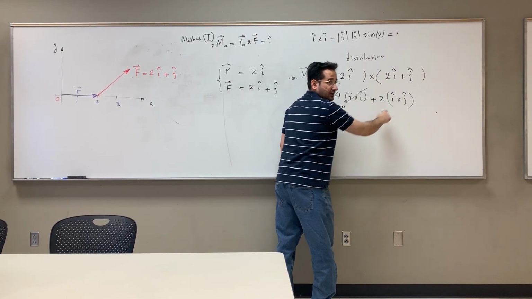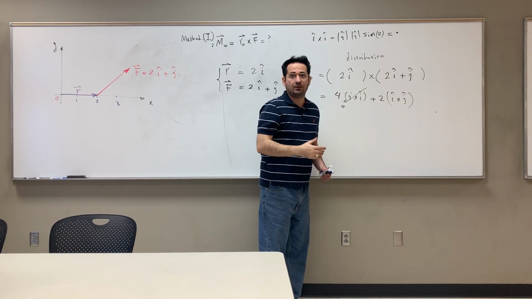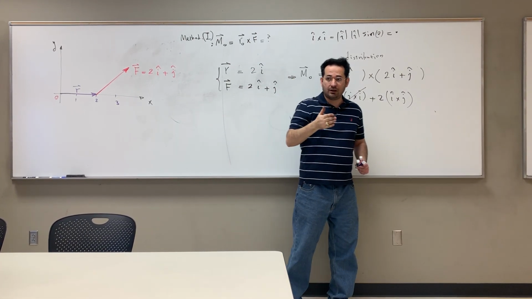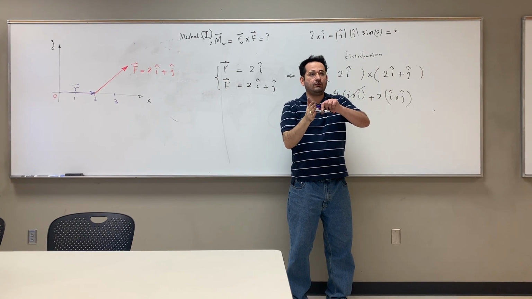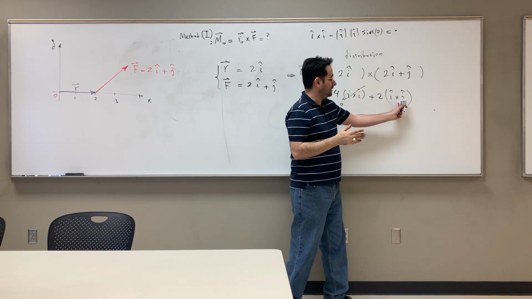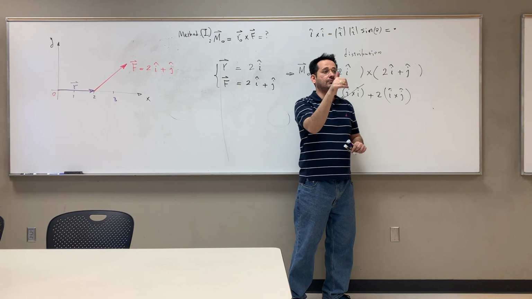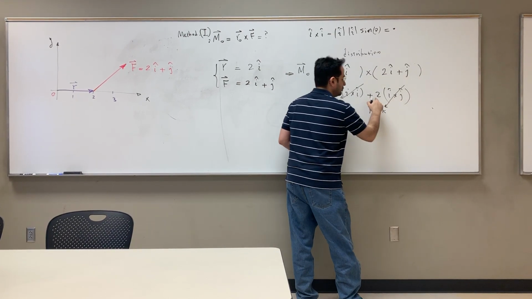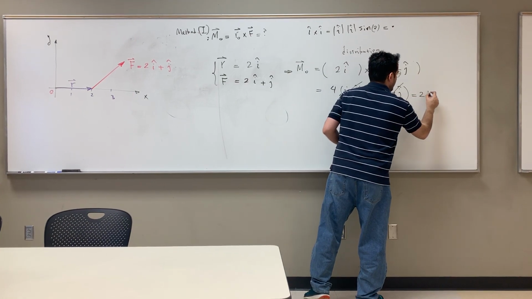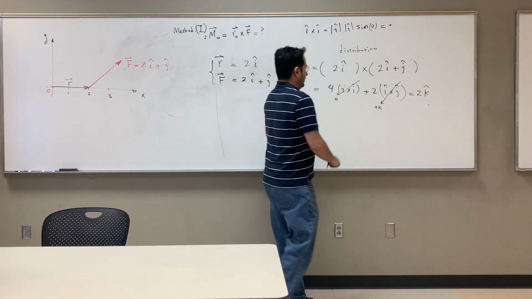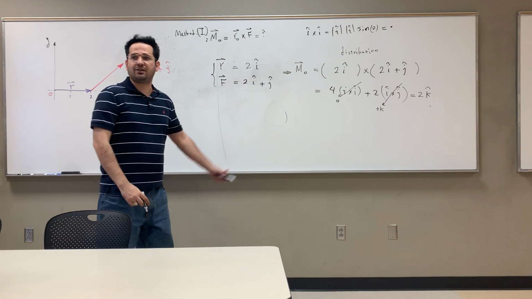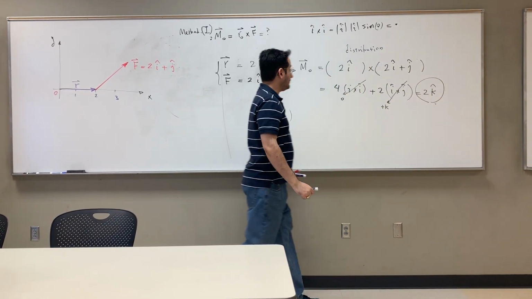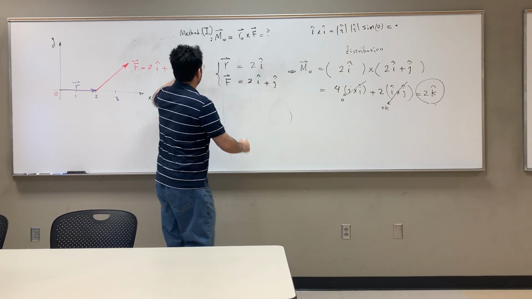What about this guy? k. You take your right hand, fingers go to i, the palm would be showing the second one, j, and then your thumb would be in the direction of positive k. So that's positive k. 2 times positive k, 2k. So that's the end result. This is the answer. This was method number 1.